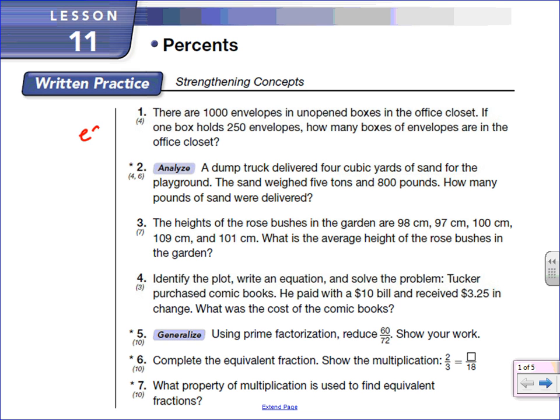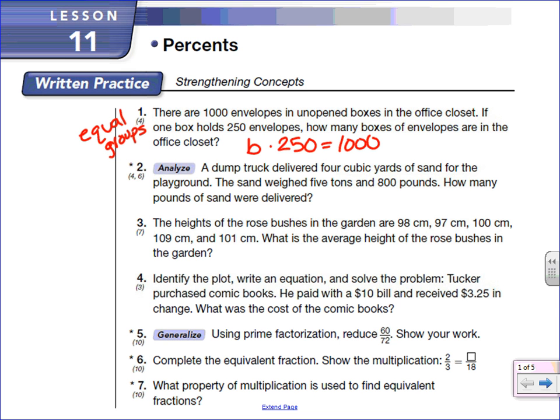So, like I said, this is about equal groups. And when you have equal groups, you have the number of groups, which we're not sure of, the number of boxes in this case, times the number in each group, and in this case that's the number of envelopes in each box, 250, equals the total number, which in this case is 1,000.